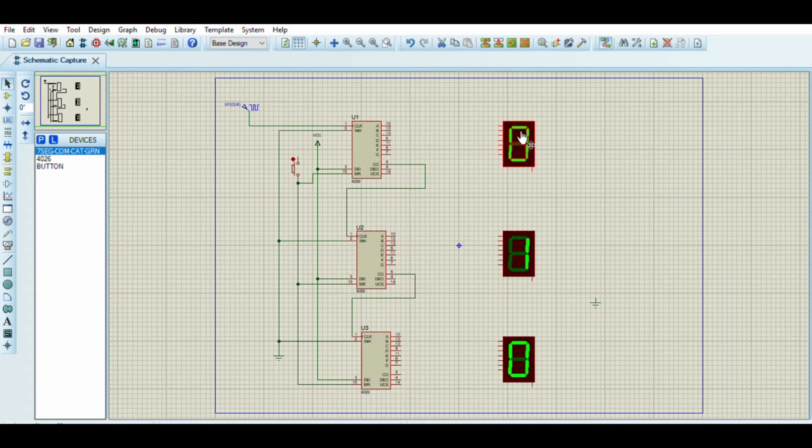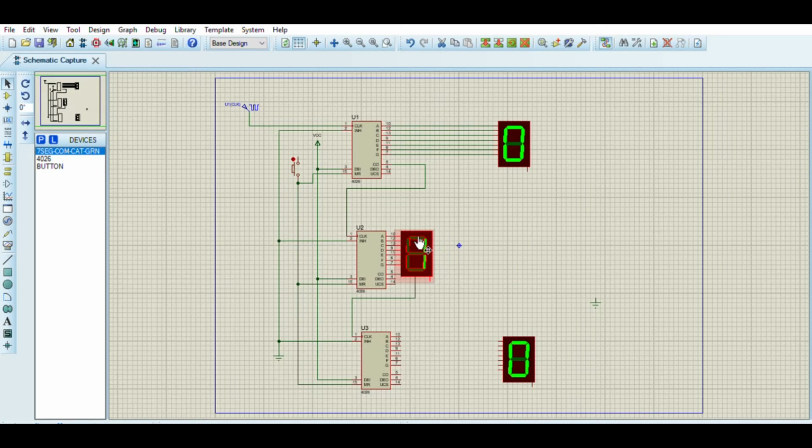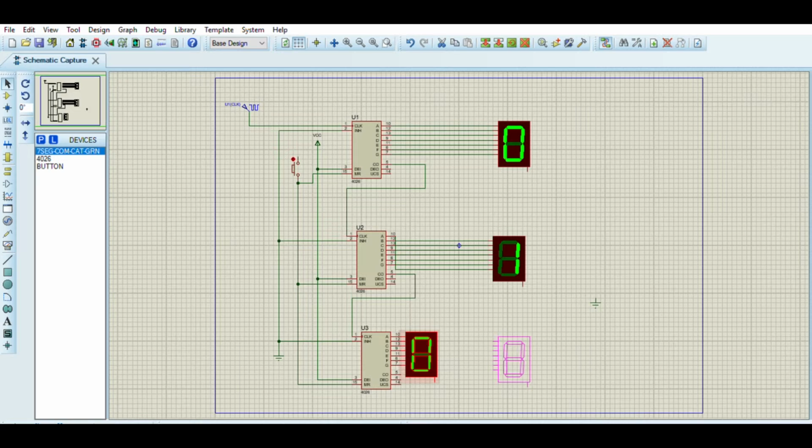Now we will connect the 7-segment display with the IC, with pin number 10 to number 7. And this pin will be connected with the ground.